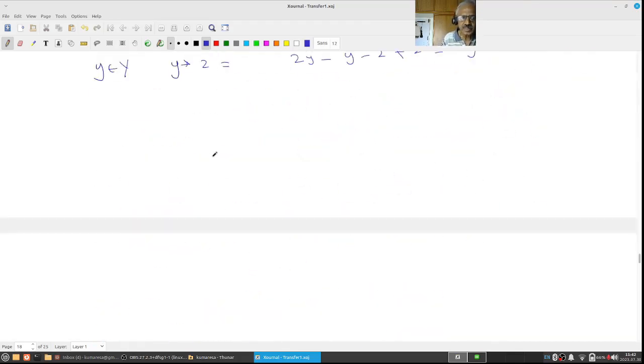You understand? And similarly 2 star y. So 2 is the multiplicative identity on the codomain.